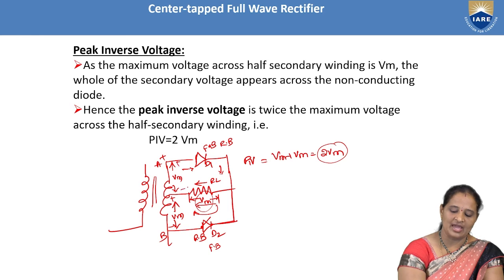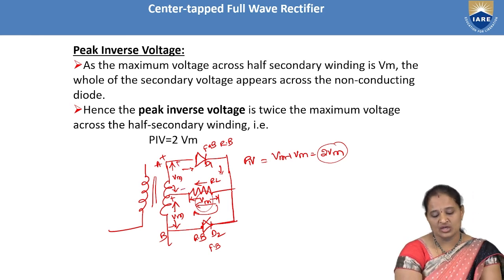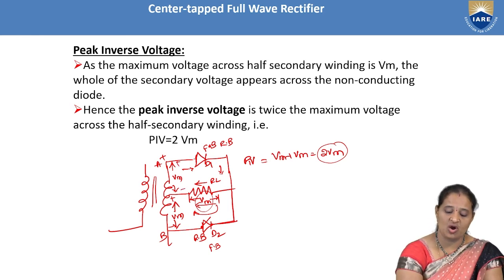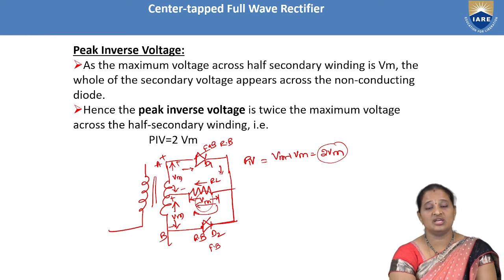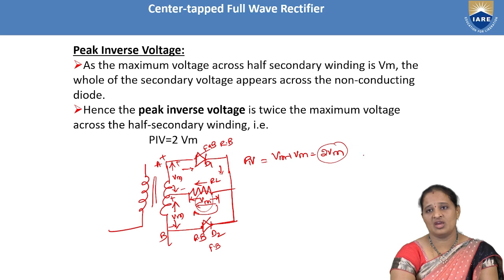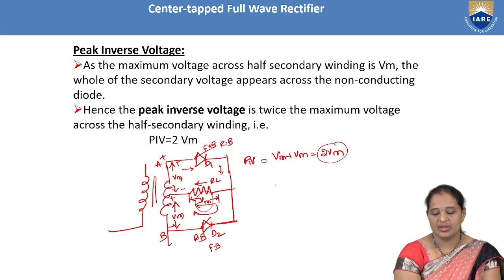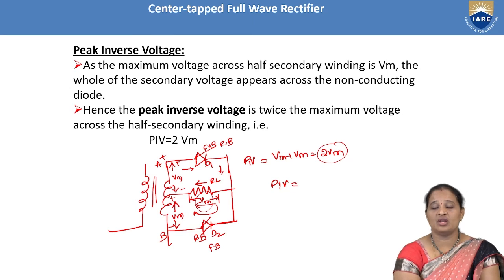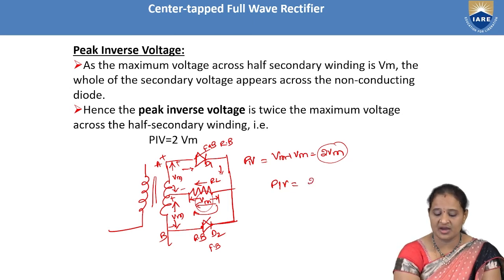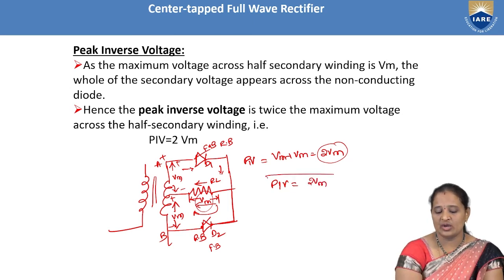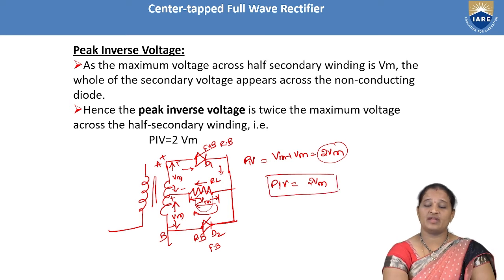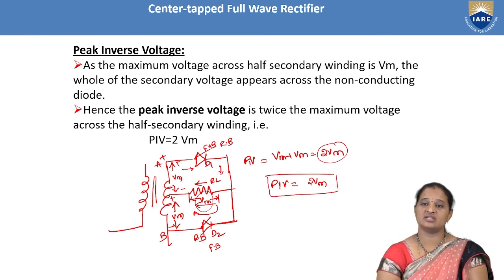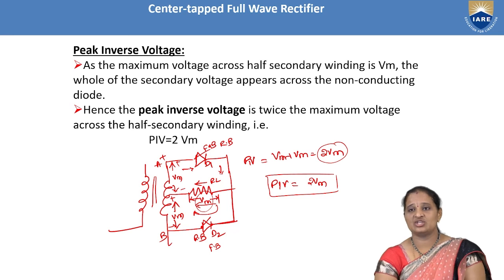So if you apply KVL again, the total voltage dropped across diode D1, which is open circuited, is also Vm plus Vm, which is 2Vm. So that means the peak inverse voltage rating of the diode in case of the center tap full wave rectifier is 2Vm. It is considered to be a drawback.